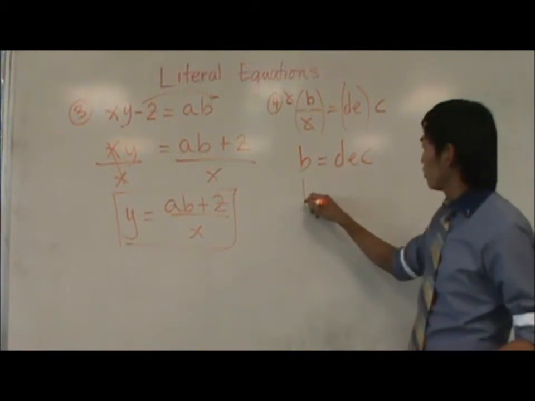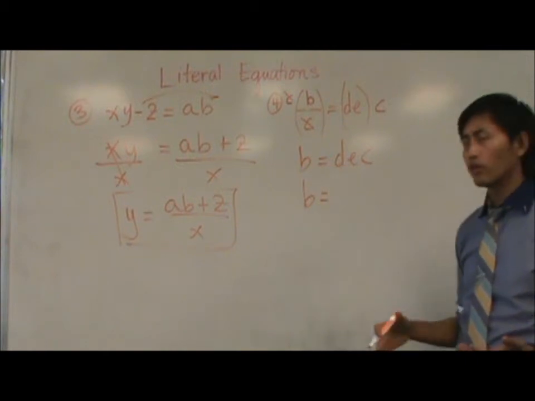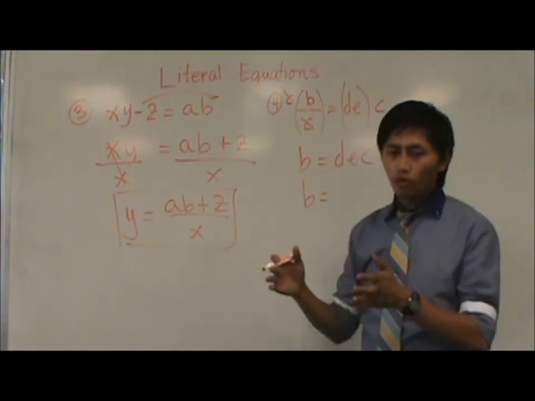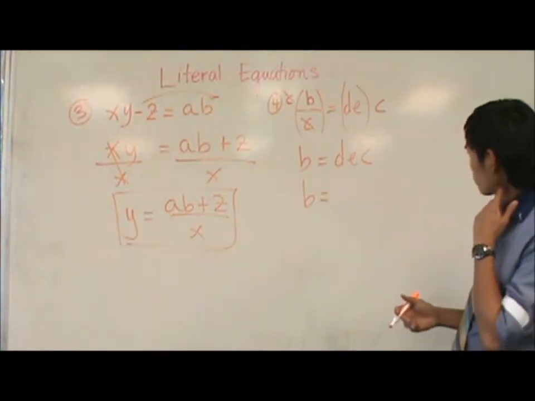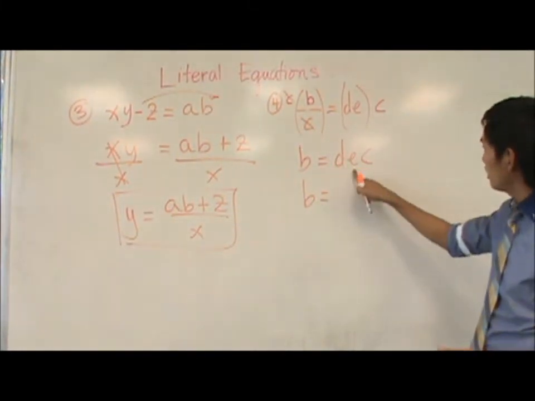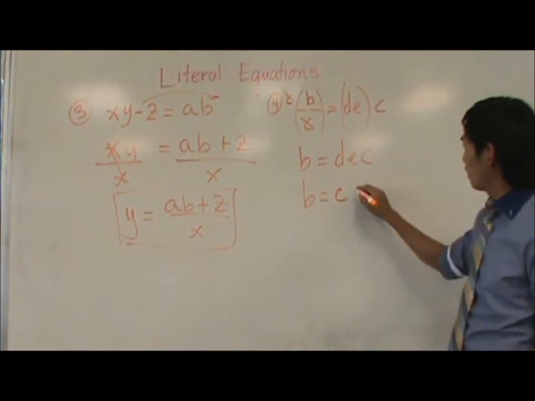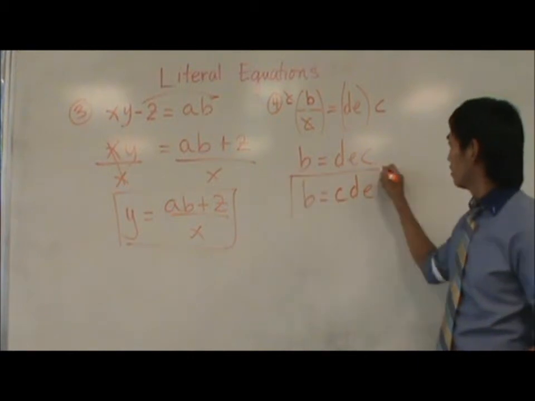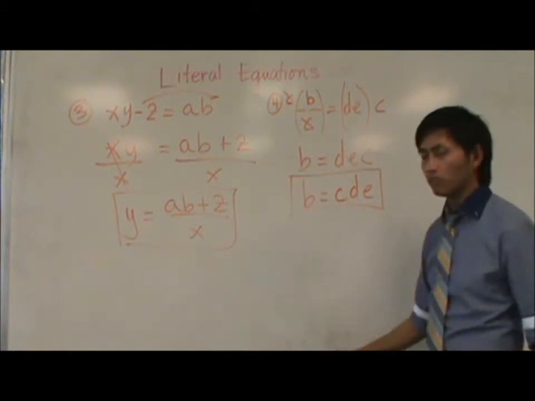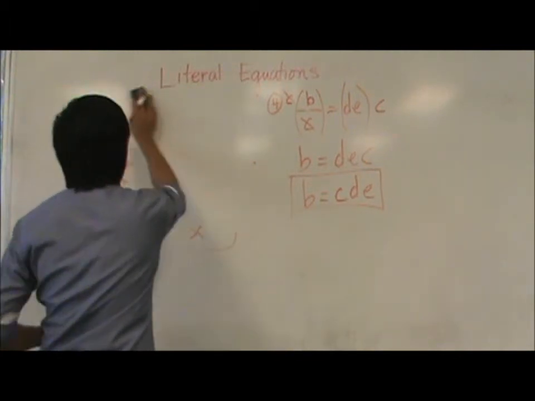But wait, to write your final answer, make sure your variables are in alphabetical order. Which comes first in the alphabet, D, E, or C? I believe it's C first, followed by D, and the last variable is E, and that's your final answer.